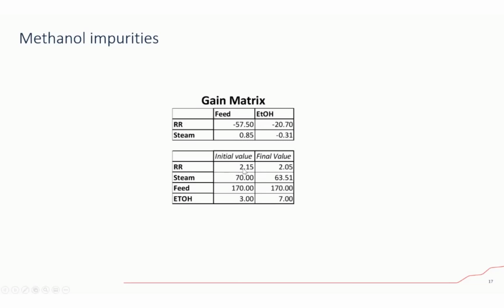Well, we had less reflux ratio, but at the same time, to compensate for the changes in feed, you had to put in less steam. This figure is in tons per hour of steam. We had a reduction from roughly 70 tons per hour of steam all the way down to 63 tons per hour.